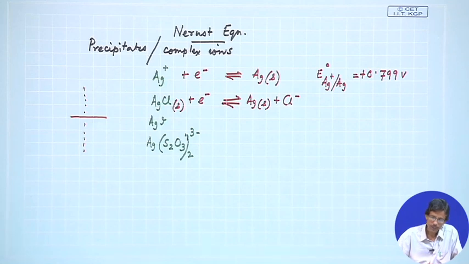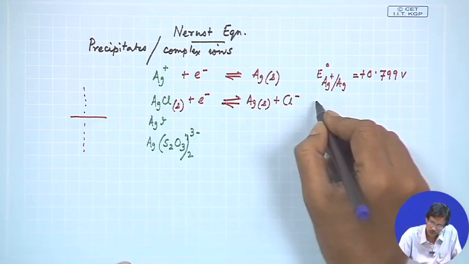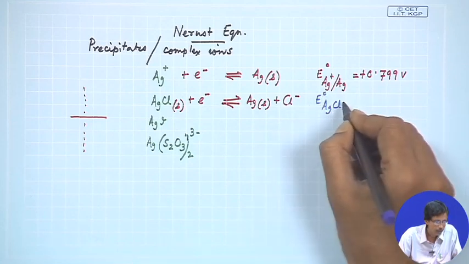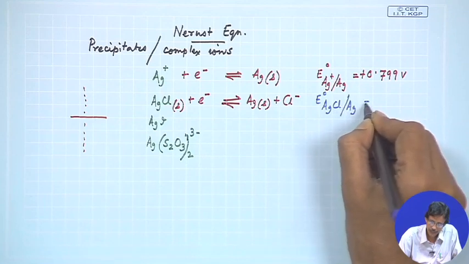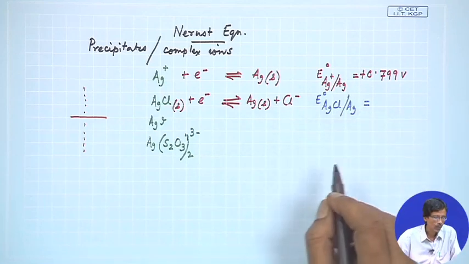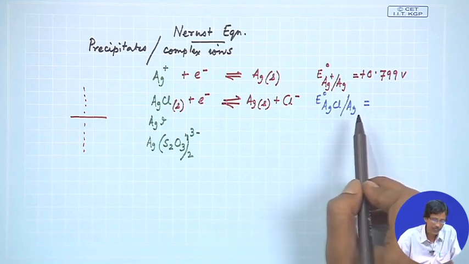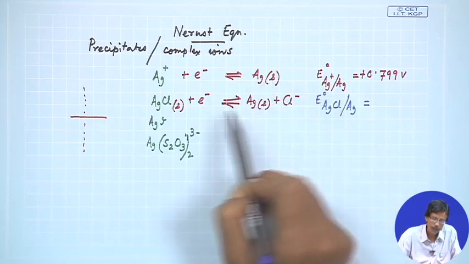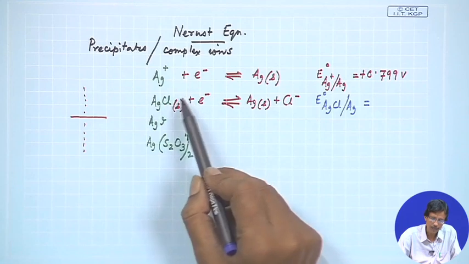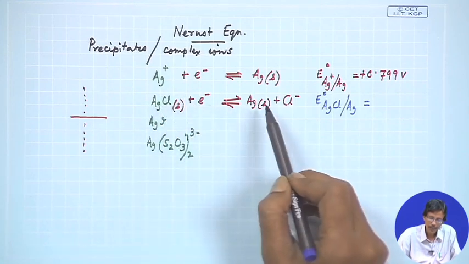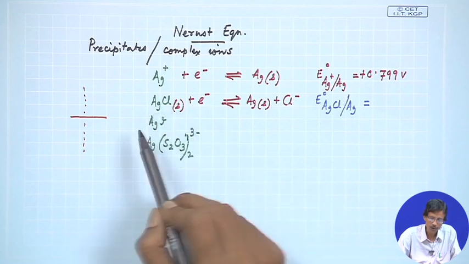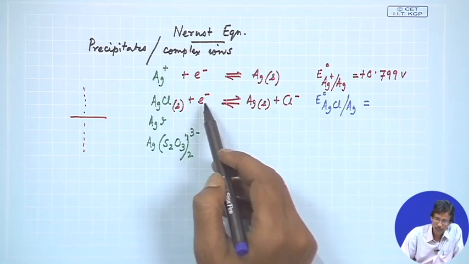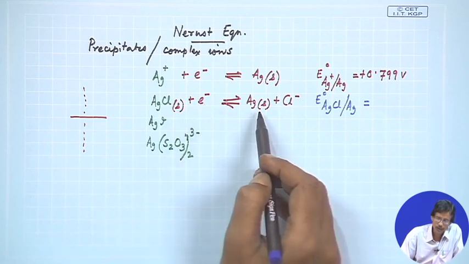The E0 for this will be written as silver chloride silver, but how do we know the value of this? With some manipulation of this equilibrium, we are handling a situation where solid silver can react with the chloride ion giving silver chloride and an electron to the electrode, or in a different way, solid silver chloride reacts with an electron from the electrode for its reduction to solid silver and the chloride ion.